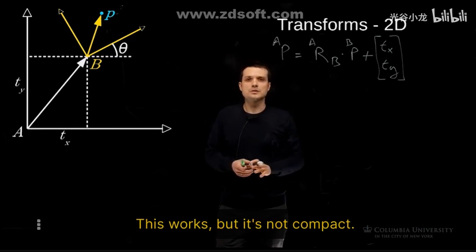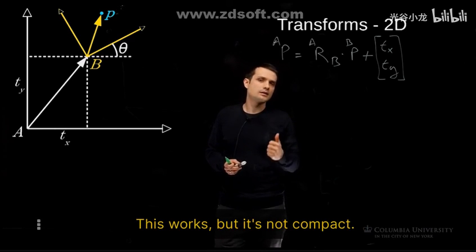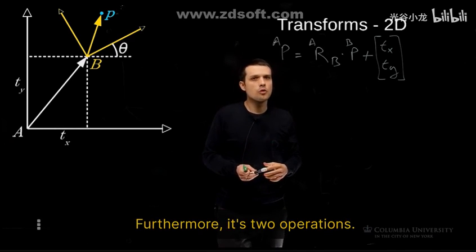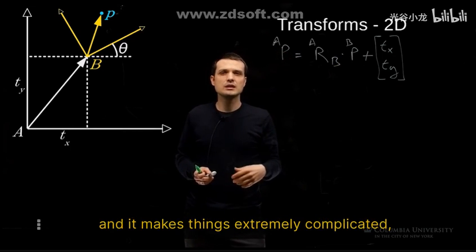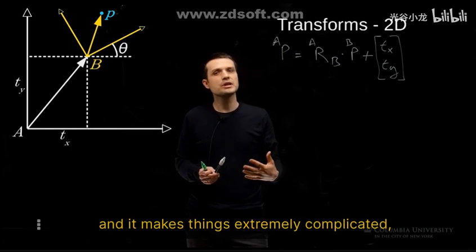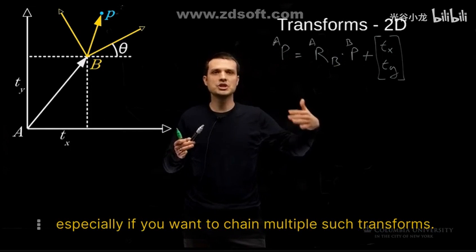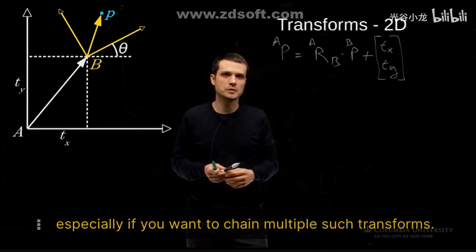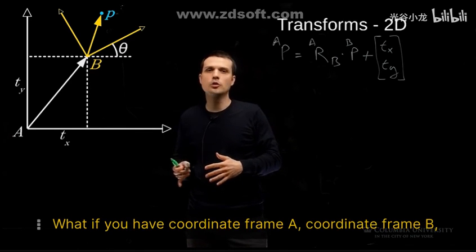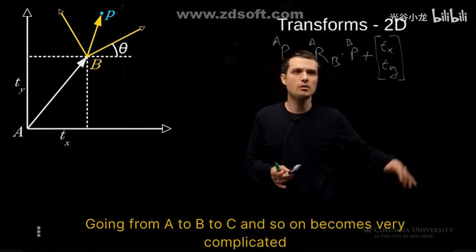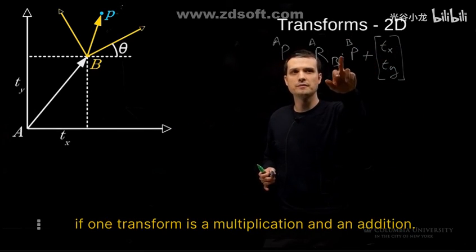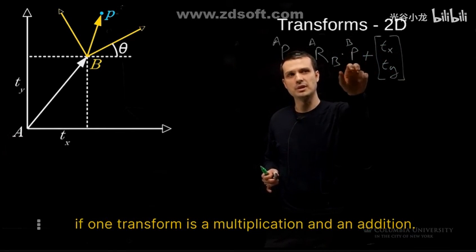This works. But it's not compact. Furthermore, it's two operations. It's a multiplication and an addition, and it makes things extremely complicated, especially if you want to chain multiple such transforms. What if you have coordinate frame A, coordinate frame B, coordinate frame C, going from A to B to C, and so on, it becomes very complicated if one transform is a multiplication and an addition.